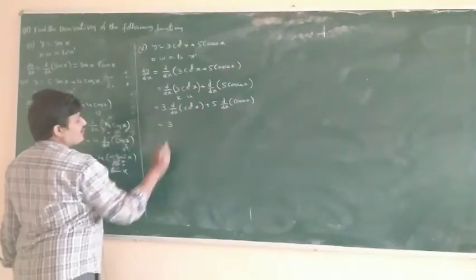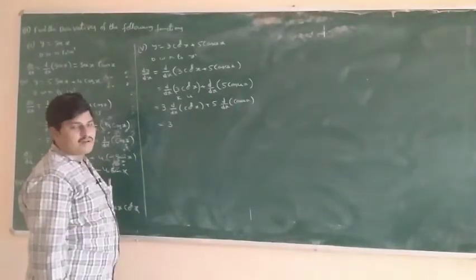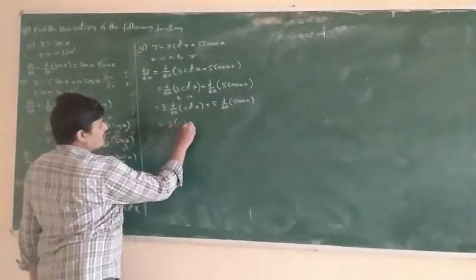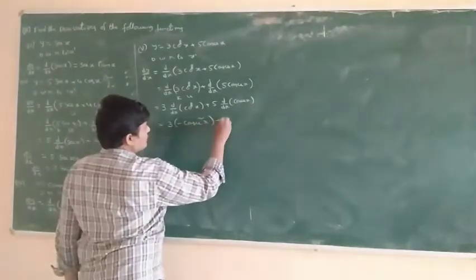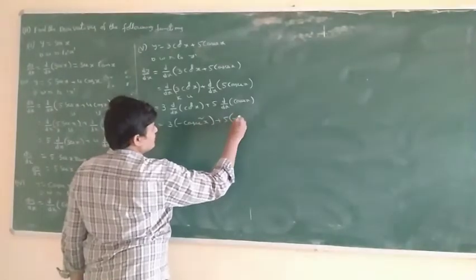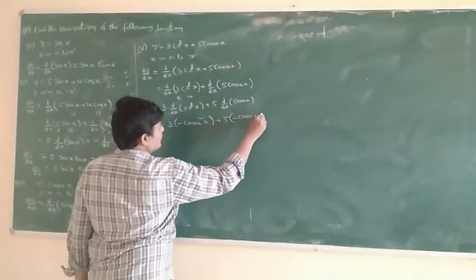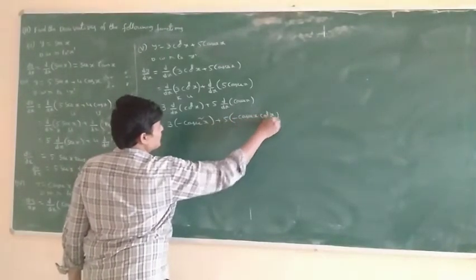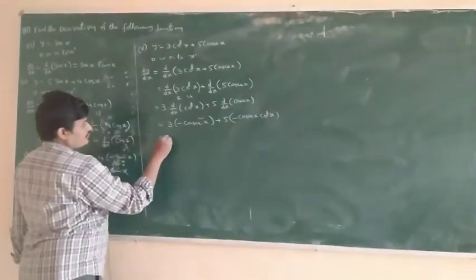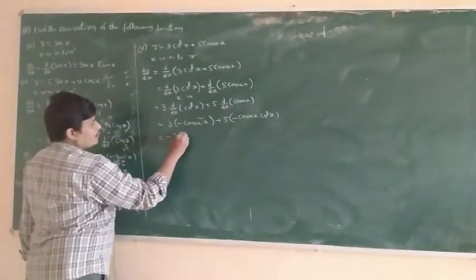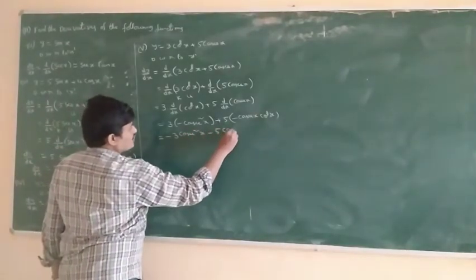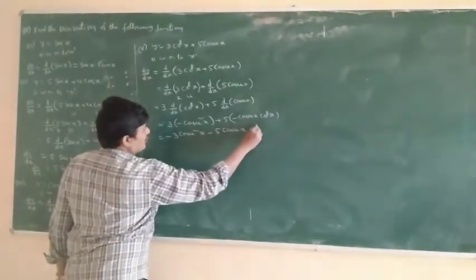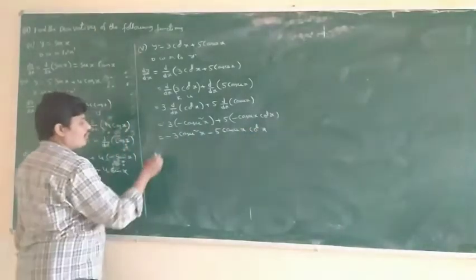Derivative of cot x is equal to minus cosecant square x, plus 5 into derivative of cosecant x, which is equal to minus cosecant x into cot x. So minus 3 cosecant square x minus 5 cosecant x into cot x. This is the answer.